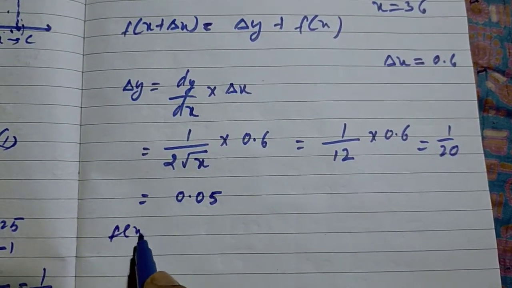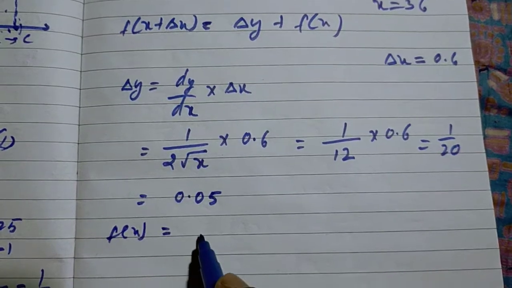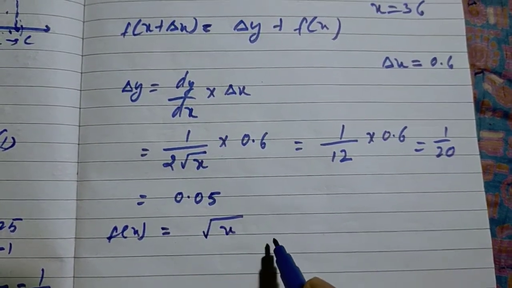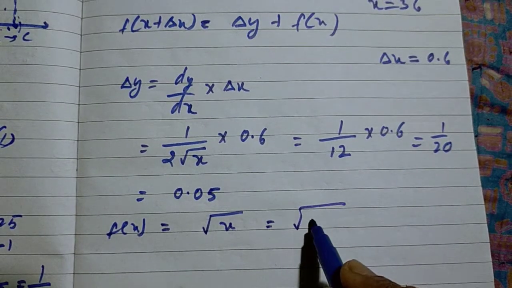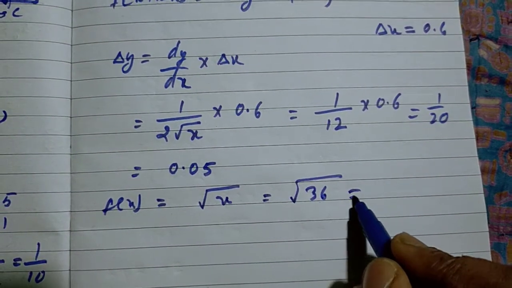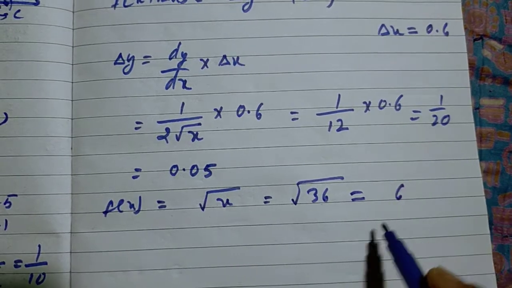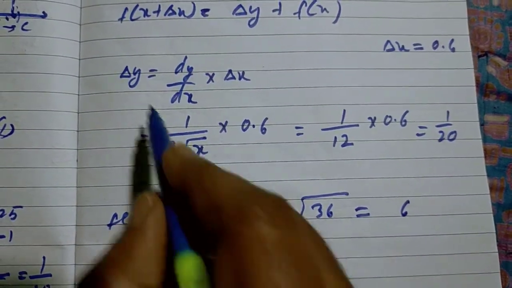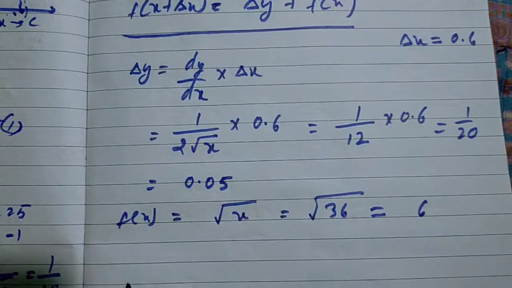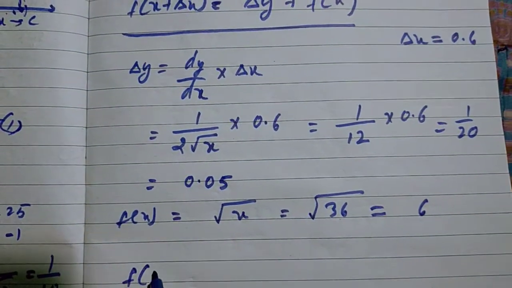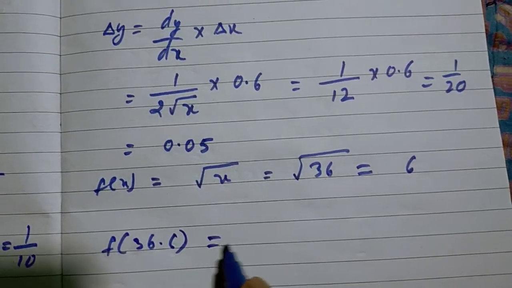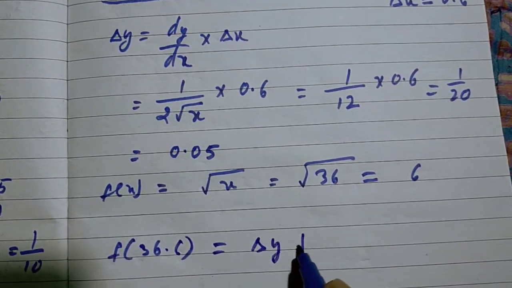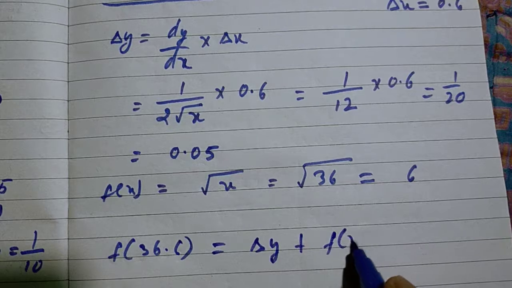Now f of x is equal to what? F of x is nothing but under root x, and x is 36. So f of x is equal to 6 only. Therefore we substitute all this in this formula, that is, therefore f of 36.6 is equal to nothing but delta y plus f of x.